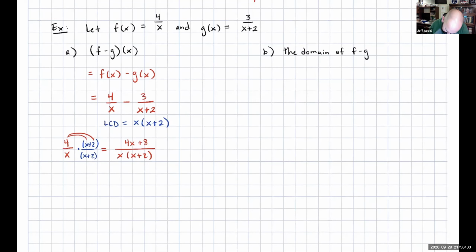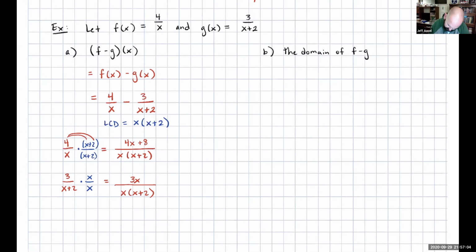Now the other one, the 3 over x plus 2, what do we have to do to that one to get x times x plus 2 as our denominator? On this one, we would multiply top and bottom by x. So your numerator, when you multiply across, is just going to be 3x. Okay, so now we can subtract them.